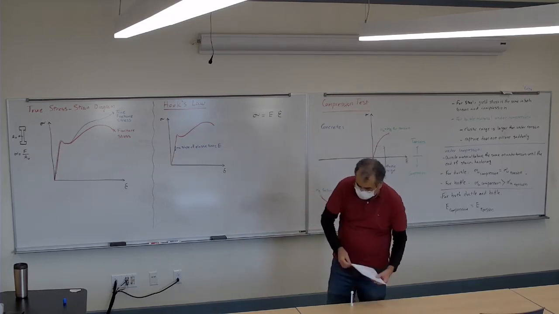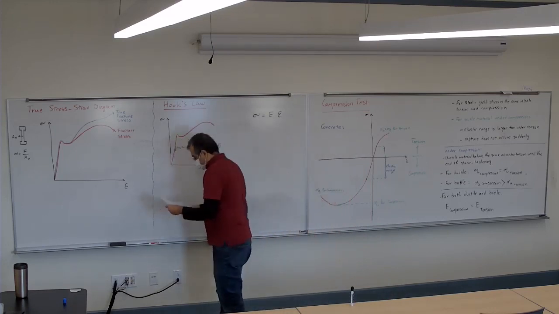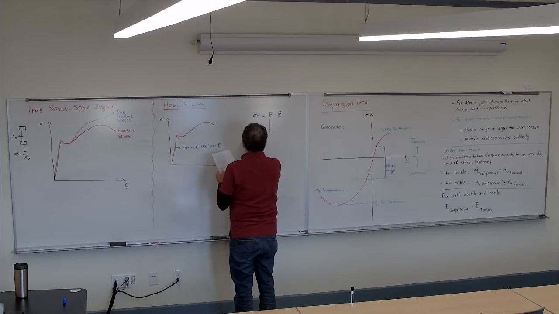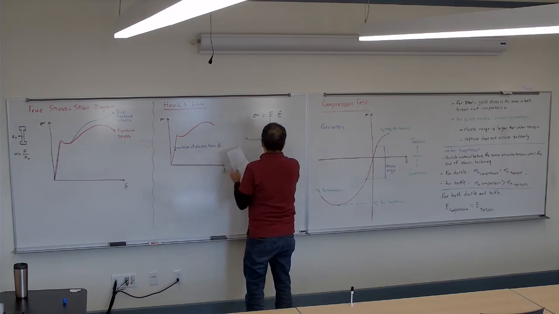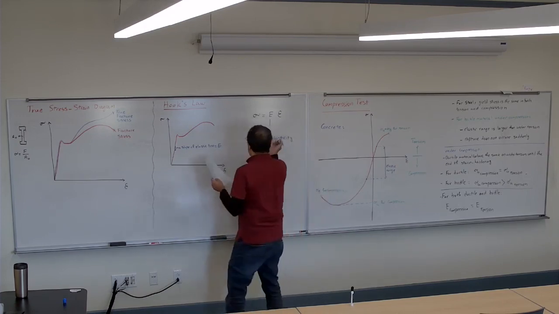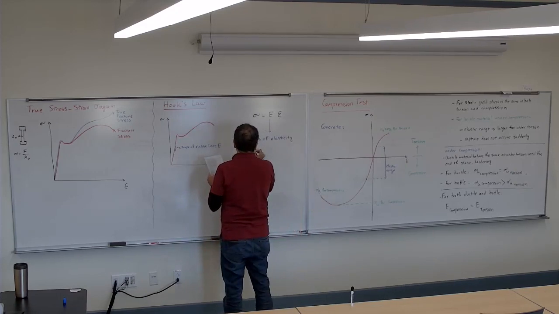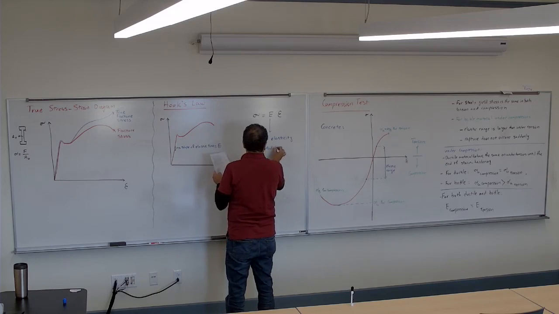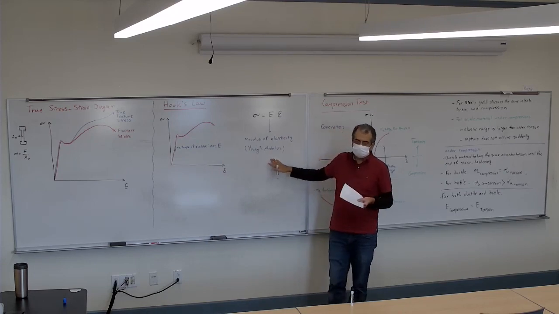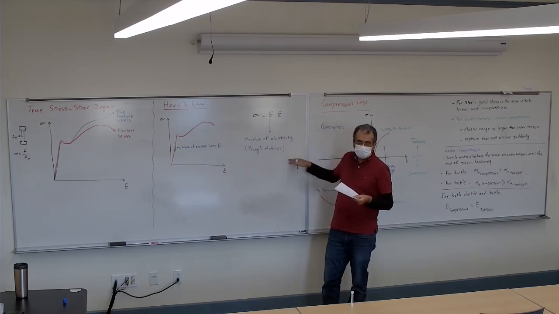And that's where, as an engineer, we care about it. And then E is the modulus of elasticity. Very often they call it Young's modulus, named after the person who did it, so remember that they call it either this one or the other one.